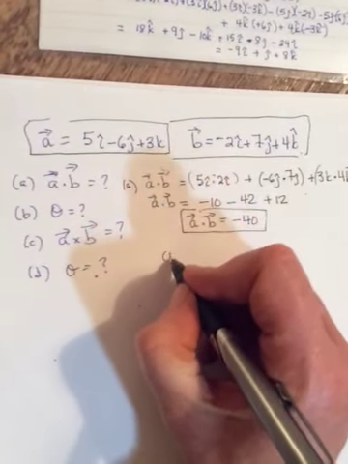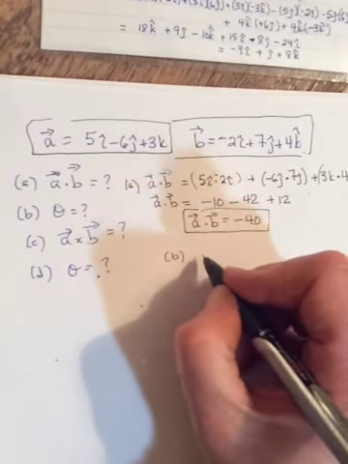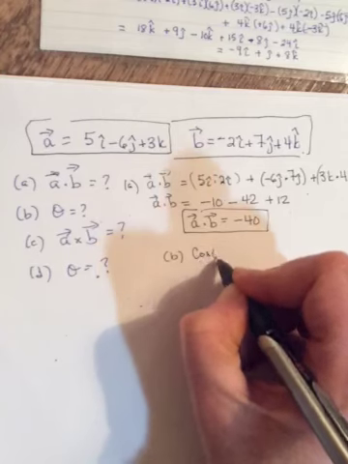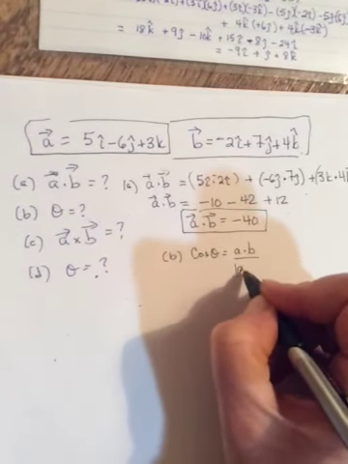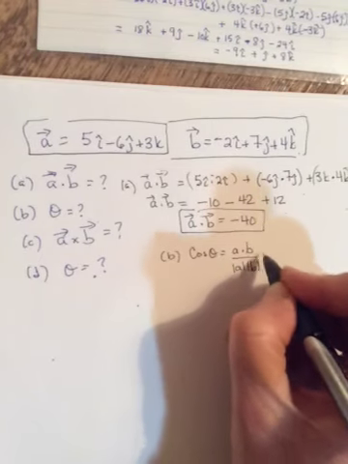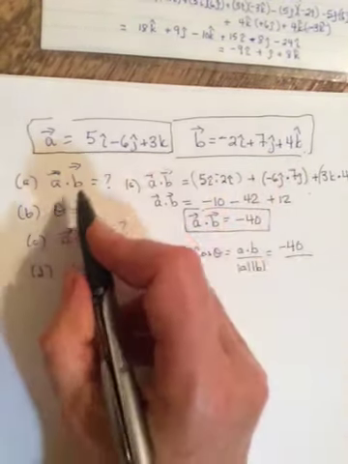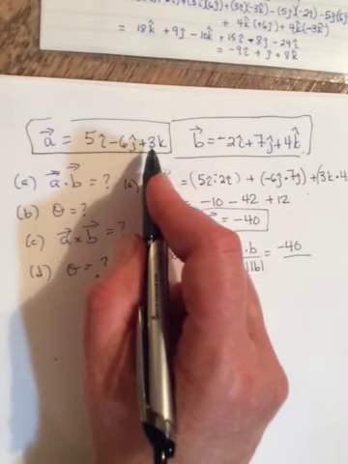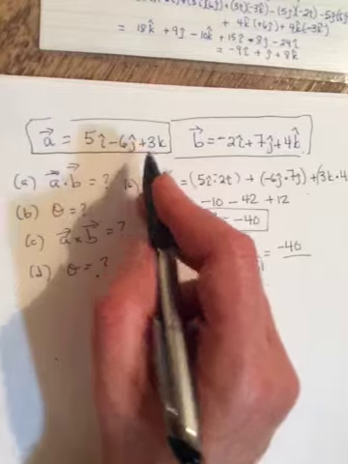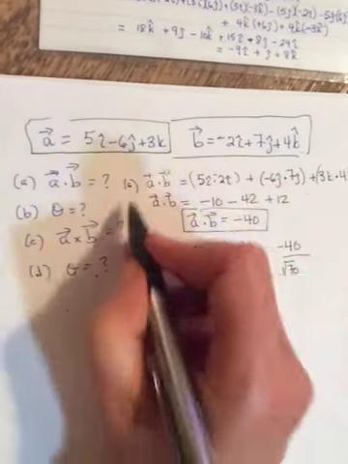Okay, part B, I want you to find the angle using the dot product. So cos theta is equal to A dot B over the absolute of A times the absolute of B. A dot B is negative 40. Absolute of A: 5 squared, 25, plus 36, plus 9, 70, square root of 70.